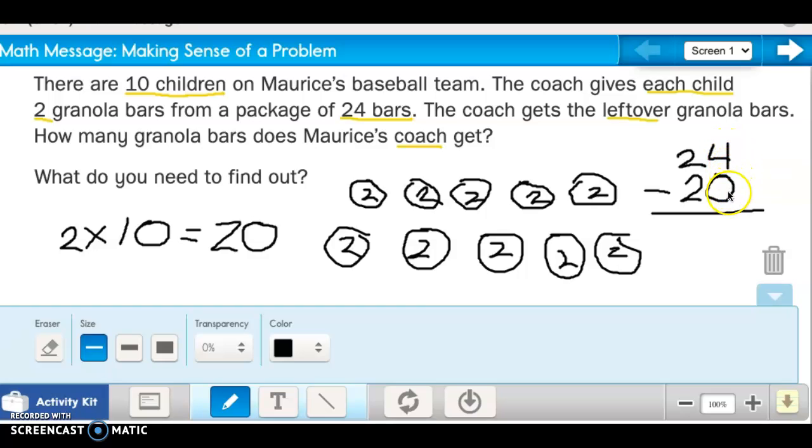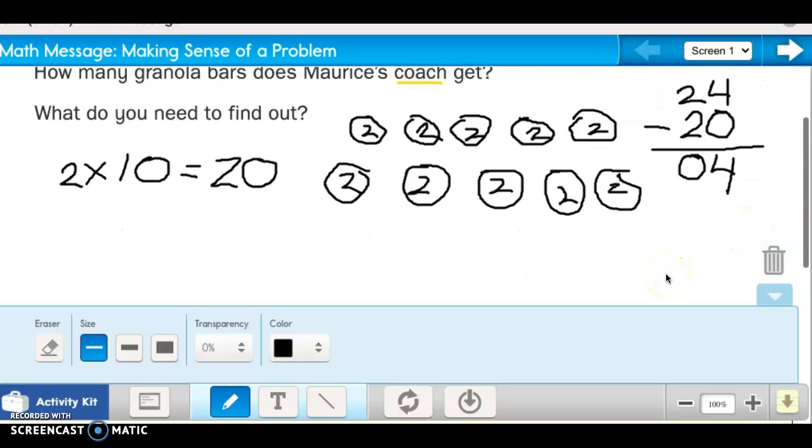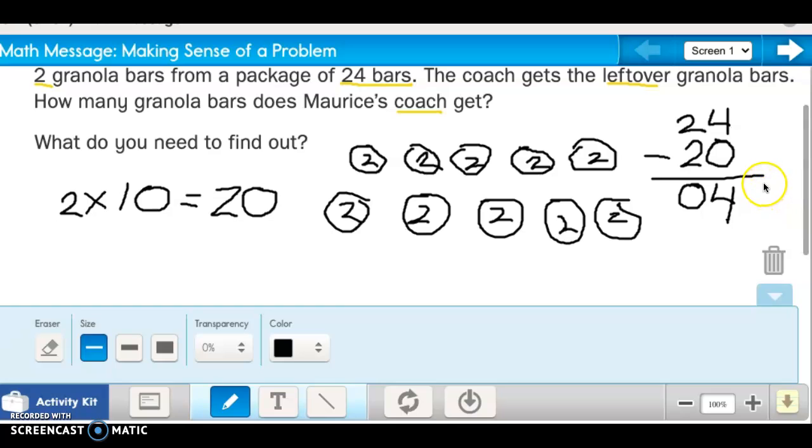So 4 minus 0 is 4, and 2 minus 2 is 0. So the answer is the coach gets 4 granola bars because there are 4 left over. That is how we figured out our problem.